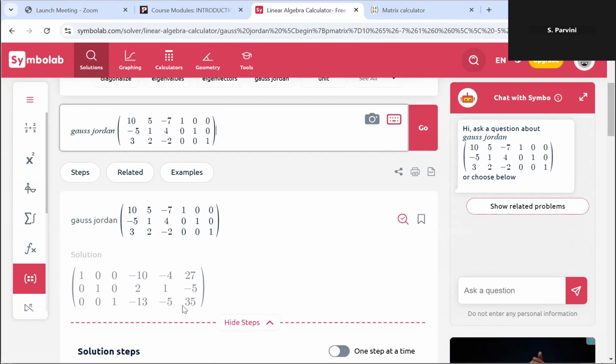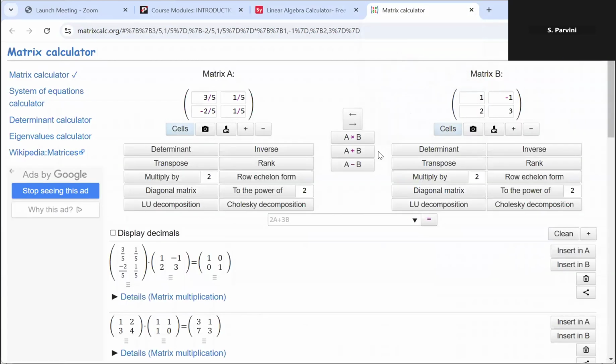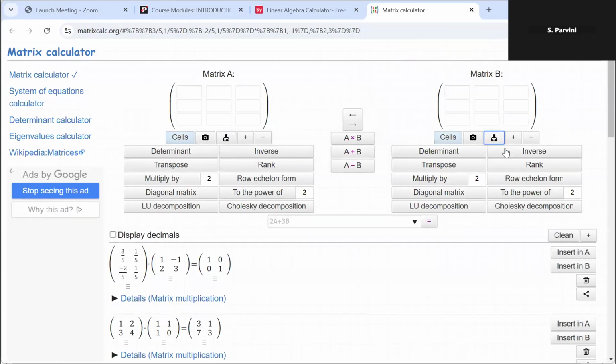Good. Now, let me go to the matrix calculator. I'm thinking number 16. I want to check the answer. What do you think should happen if we multiply A, 10, 5, -7, -5, 1, 4, 3, 2, -2, by matrix B?